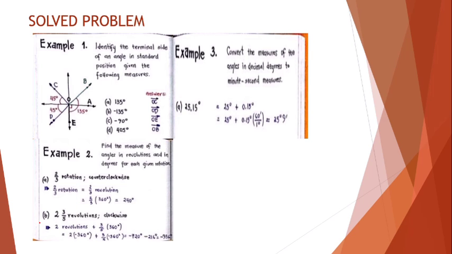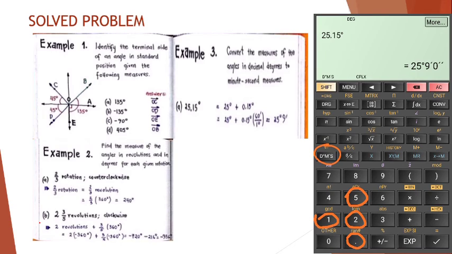Next. Example 3. Convert the measures of the angles in decimal degrees to minute-second measures. Ngayon, pinaghiwalay natin yung whole number ng decimal at sa decimal places nito. Syempre, ito i-convert nyo, minute-second. So, we have 0.15 degree. How many minutes do we have in 1 degree?